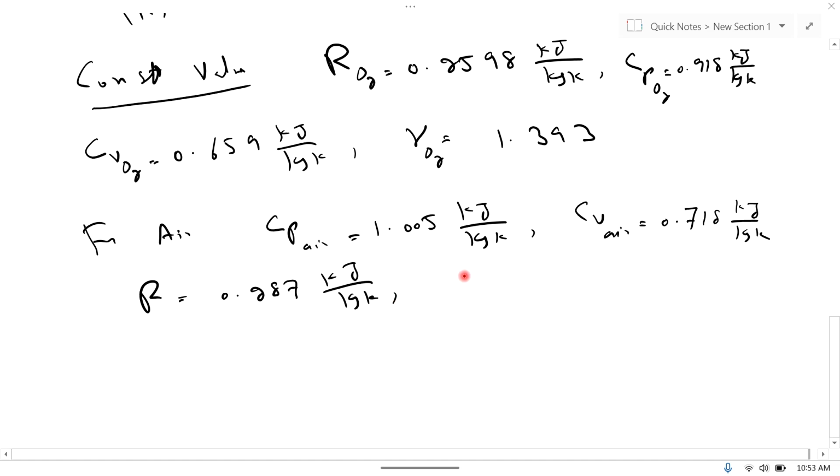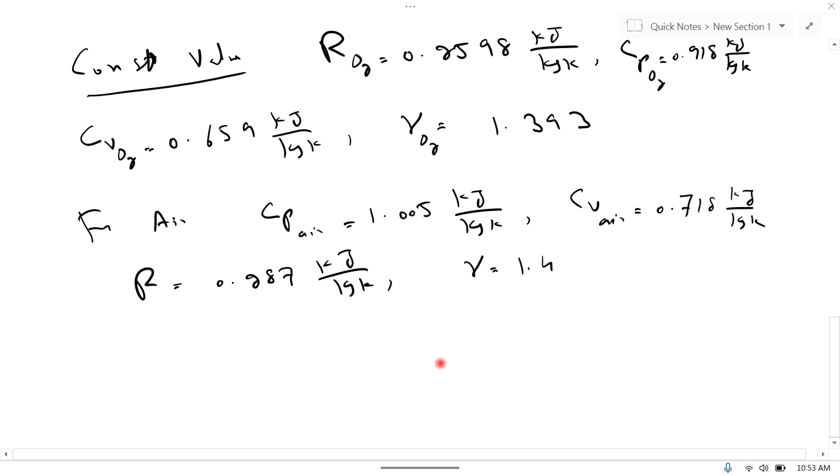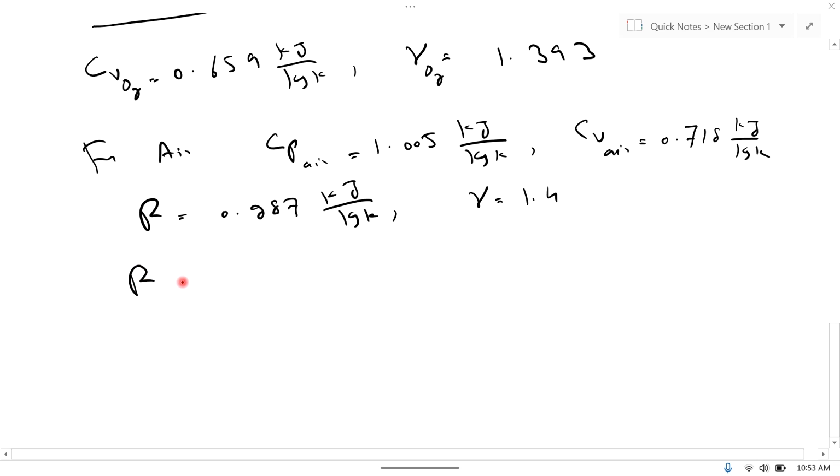Gamma for air is 1.4. The value of R for nitrogen we can find from the universal gas constant divided by the molar mass of nitrogen, which is 8.3144 divided by 28, equal to 0.2969.